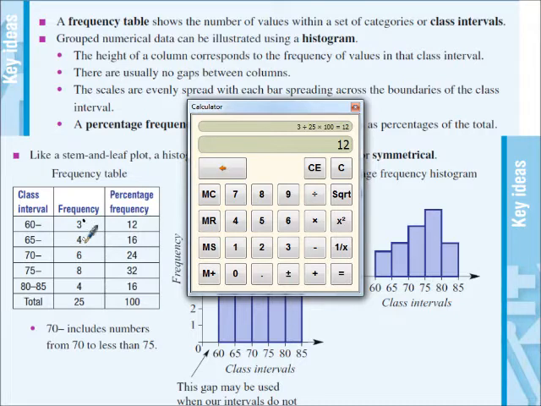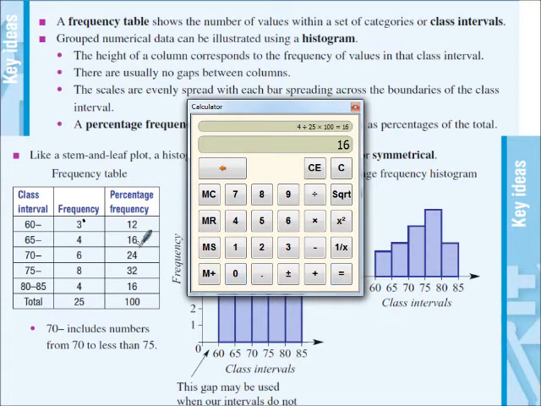What about 4? 4 is a fraction of 25 times 100. 4 divided by 25 times 100. 16.